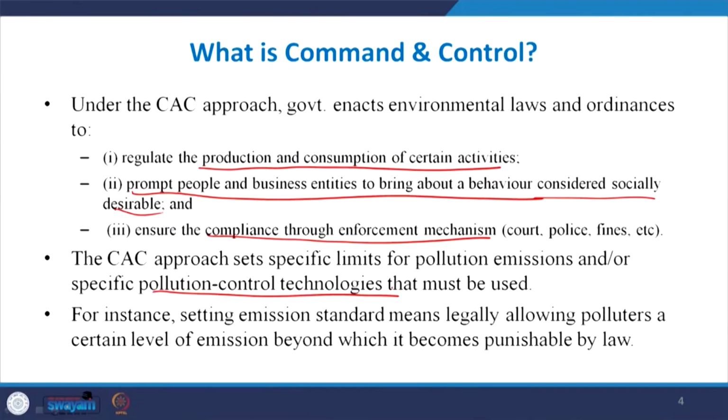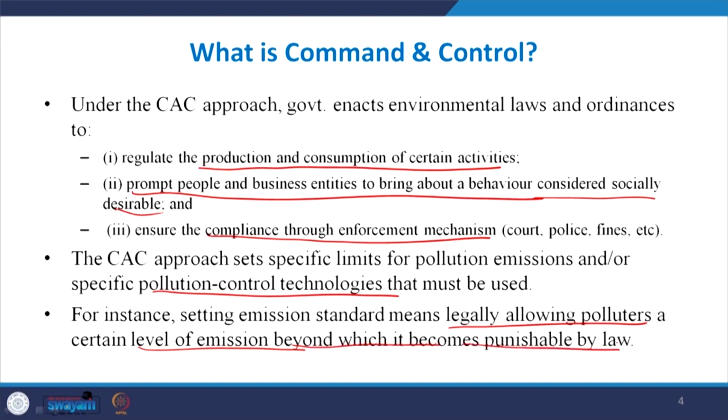Under command and control system, government can direct the producers to use a specific device, specific design of the production, specific process of the production, etc. And if a company is not following that instruction, then the company license can be confiscated, or the company may not be allowed to produce the goods, or the company may be fined. For instance, setting an emission standard means legally allowing polluters a certain level of emission beyond which it becomes punishable by the law.